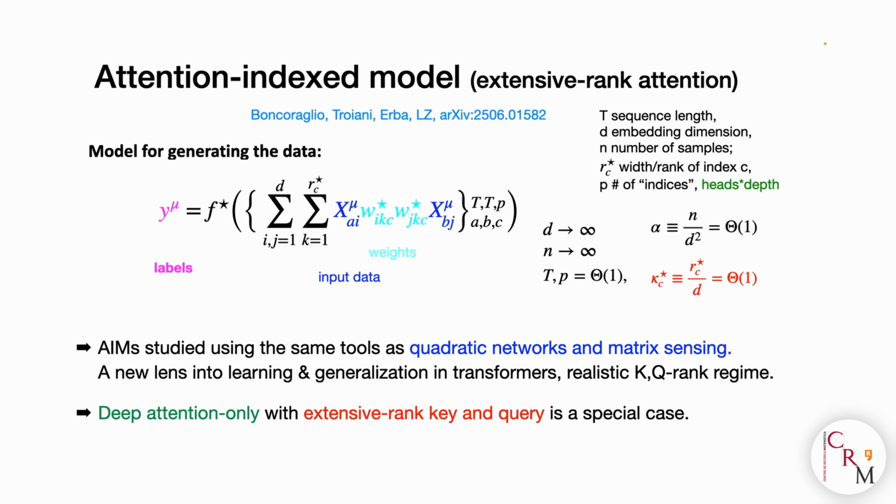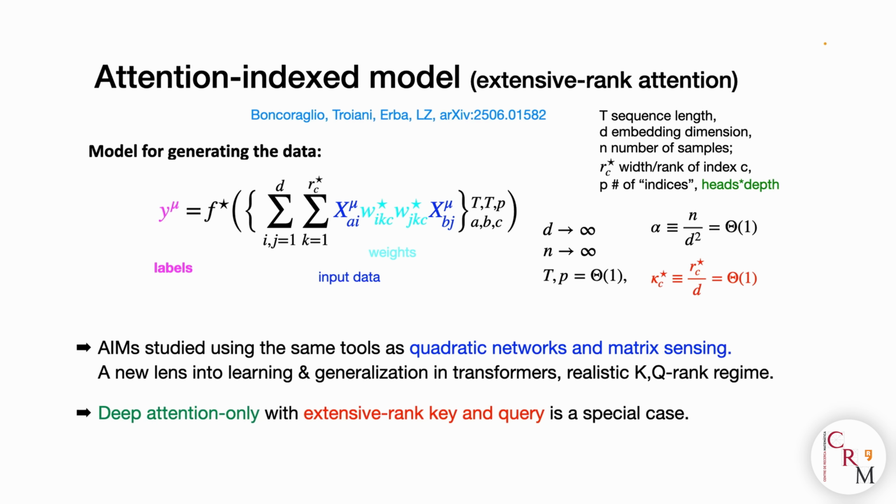The explicit form is a bit ugly, and one needs to sit with it to see that indeed there is an explicit form of F star that puts together all the skip connections and the attentions and all that. But it's just an arbitrary function, and it can account, for instance, for the multi-layer attention-only network.